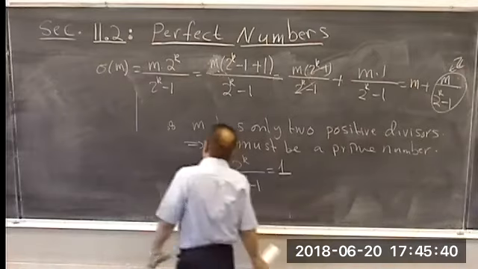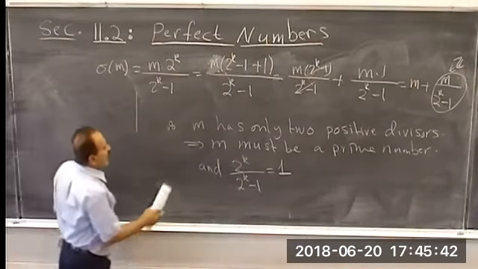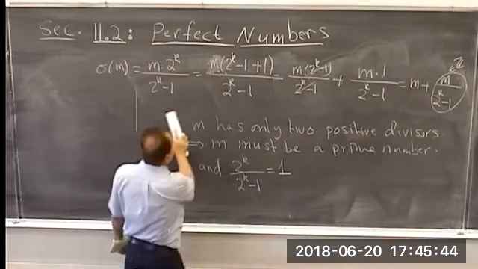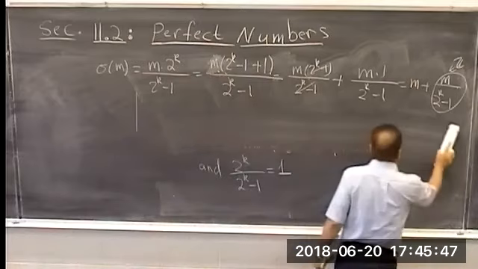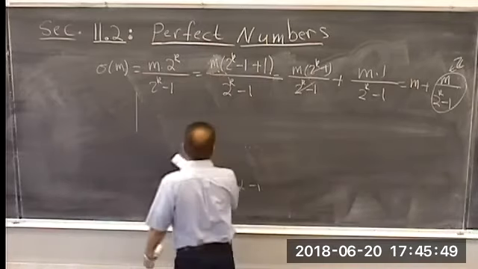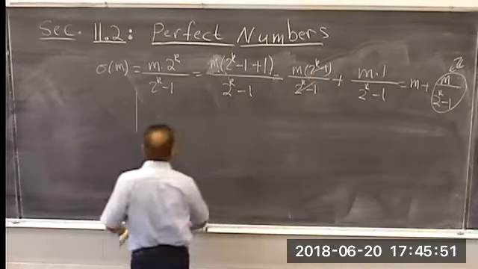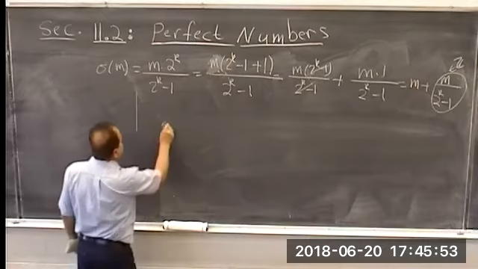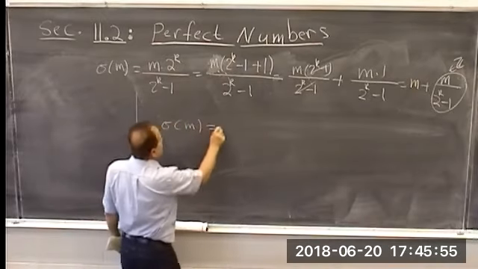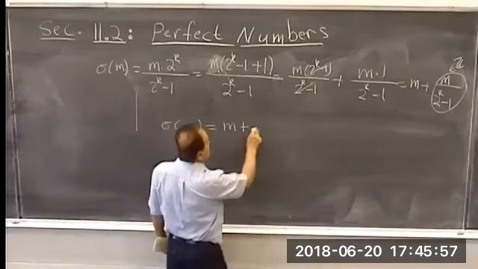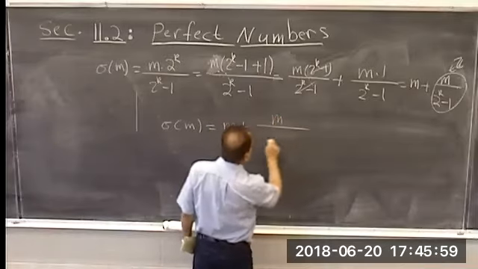Then I want to repeat the argument again. I'm sorry, because I wrote the divisors incorrectly. So this statement, sigma of m equals m plus m over this.